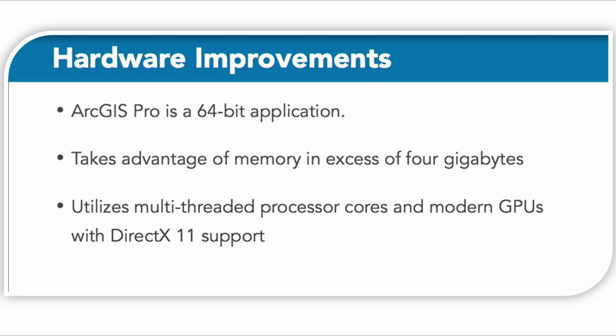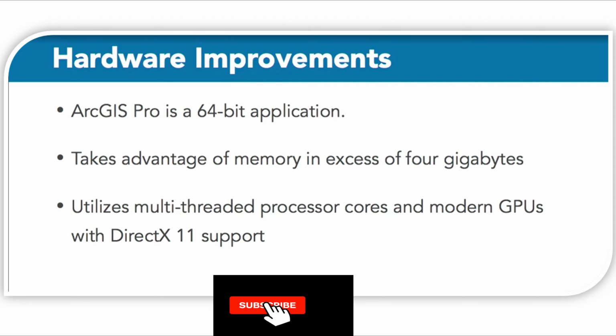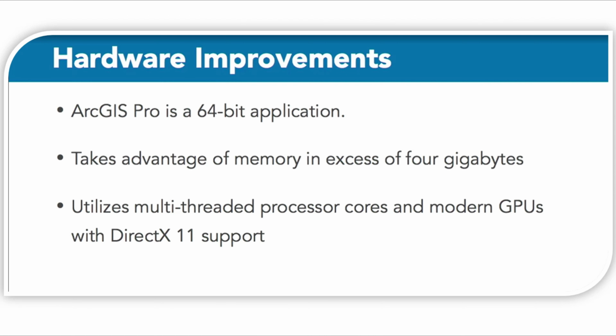In fact, Esri recommends a computer with 16 gigabytes of memory installed for an optimal experience using ArcGIS Pro. Pro also supports multi-threaded processors and high-end graphics cards. These changes combine to dramatically improve the performance of ArcGIS Pro on higher-end computers. Because of this, though, you will need a computer running a 64-bit version of Windows 7, 8 or 10 in order to run ArcGIS Pro.